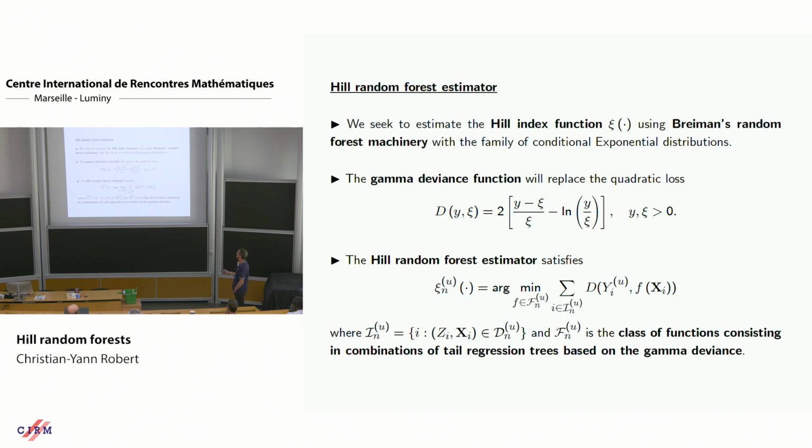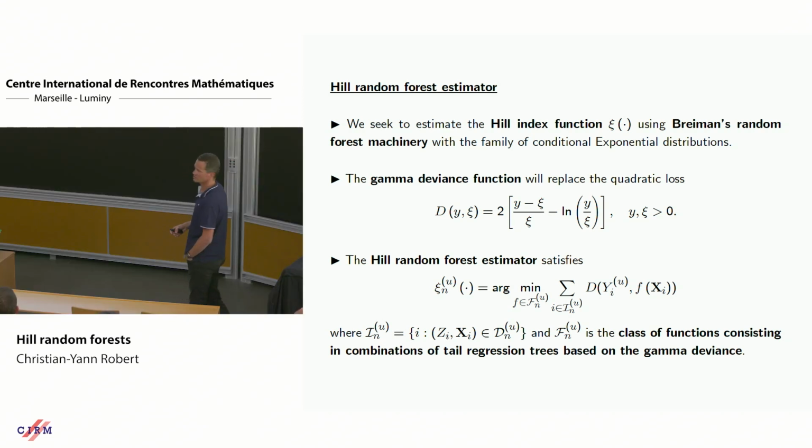In this case, f is in a class of functions F_n of u, which consists of a combination of tail regression trees. A tail regression tree is a regression tree specifically for the largest observations, so you consider a specific class of functions to minimize this deviance.